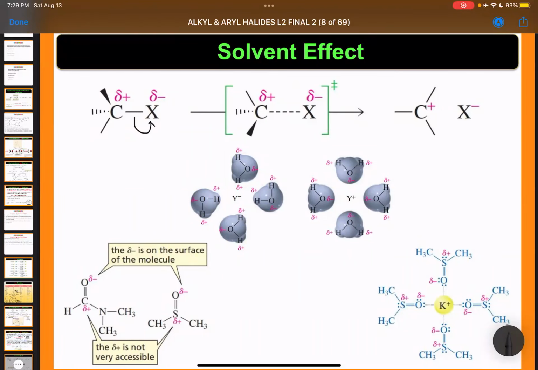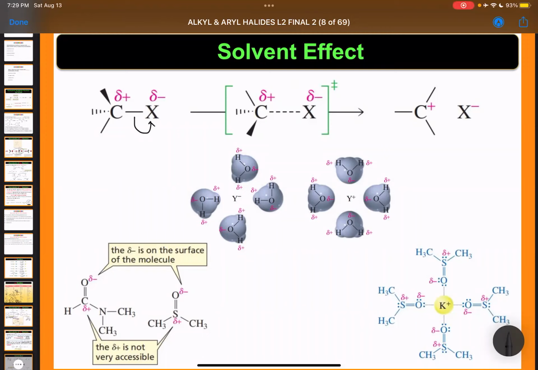How can the solvent help, and what kind of solvent do we need for SN1 reactions? That we need to discuss. Any idea about the types of solvent? There are many categories of solvent, like polar and non-polar, which you might be aware of.